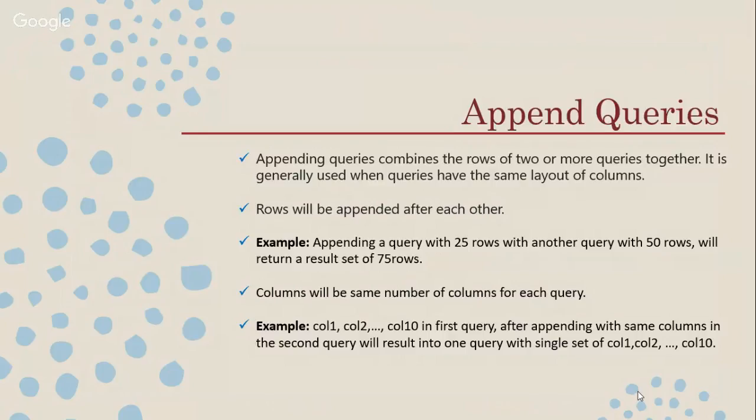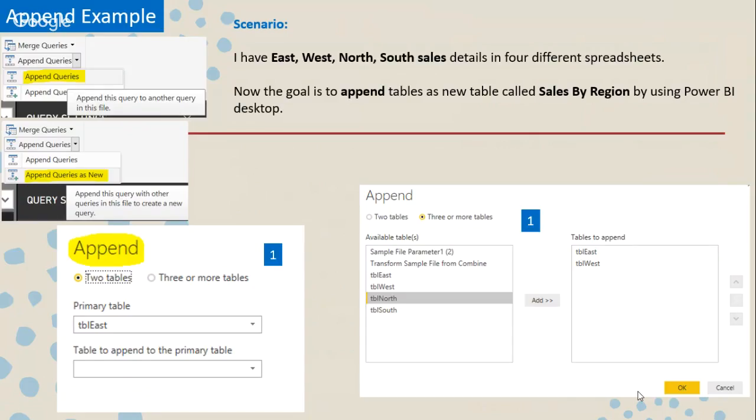So how can we do the append queries option in the Power BI query editor? Same as the merge queries option, we have append queries as well as append queries as new. Append queries means it will append the data in the same selected query. Append queries as new means it will append into a new query.